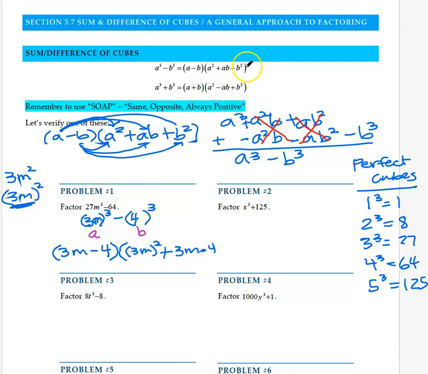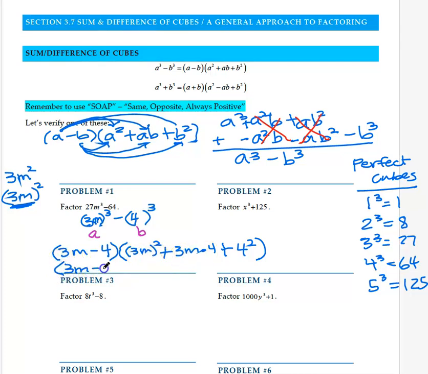And then the last term is plus b squared, so I'll write that down as 4 squared. Now I just need to simplify that last parenthesis, and I'll be done.